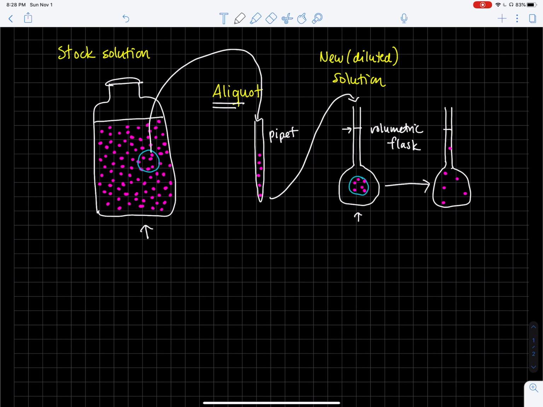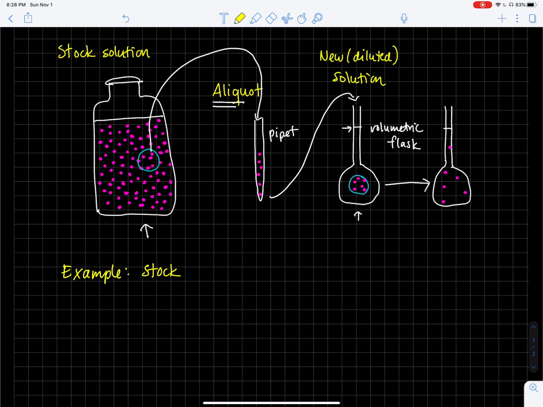So our first example is we have a stock solution, and we'll keep sodium as our solute, which we've been doing in the other videos, a stock solution with a concentration of sodium, maybe from sodium chloride, maybe from something else, equal to 0.100 molar.